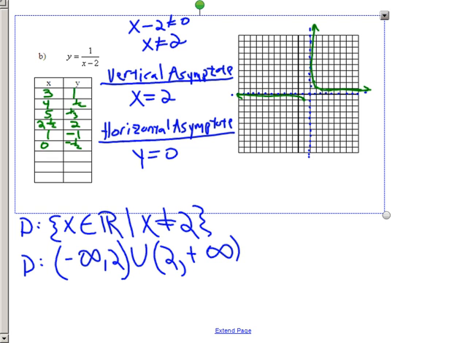It's going to approach a value of 0. We can also pick a number like 1.5. If we pick 1.5 minus 2, we get -1/2. Flip is -2. So the closer we get to the vertical asymptote from the left, the larger these values get in the negative direction. There it is.